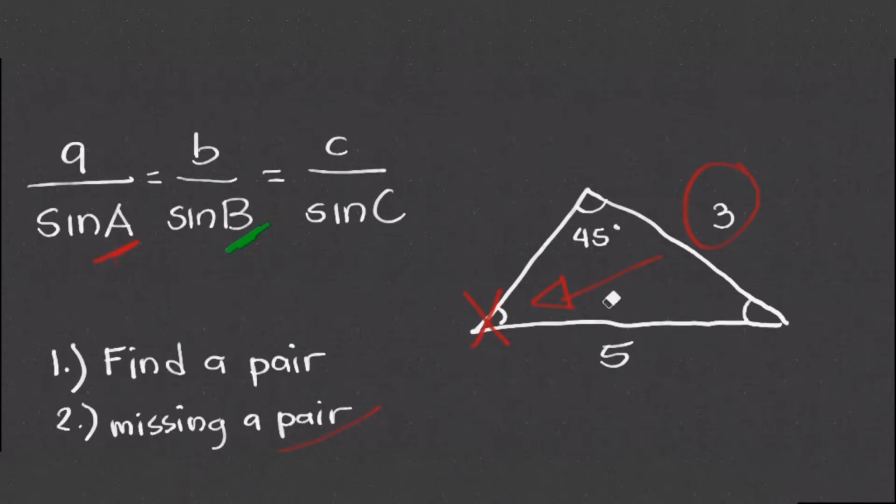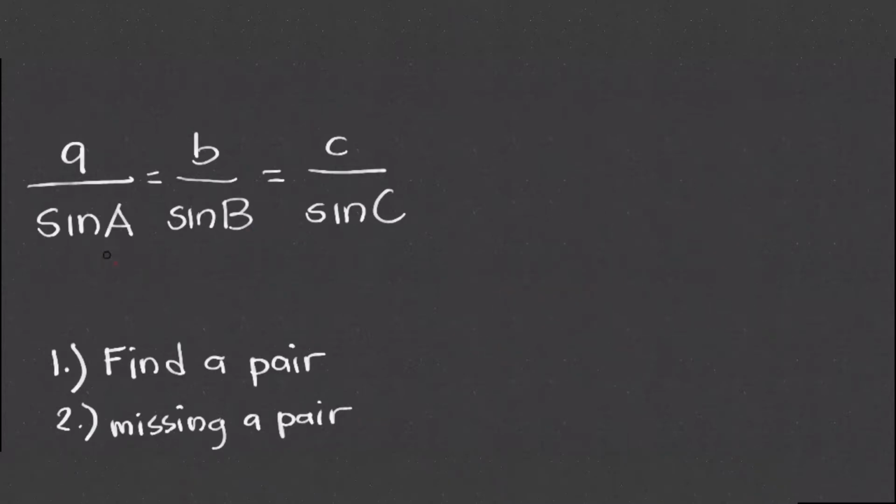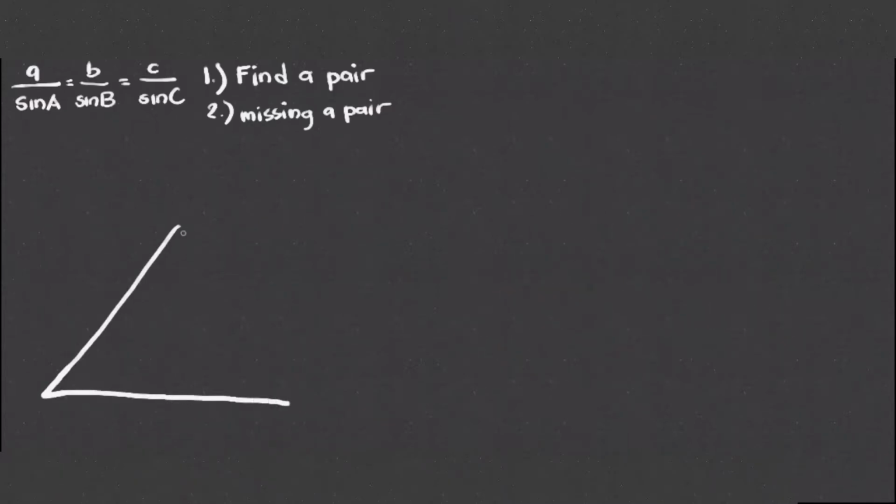So let's try some examples. Let's say we have a triangle and one of its angles is 45 degrees, one of its side lengths is 8, and also one of its side lengths is 5.